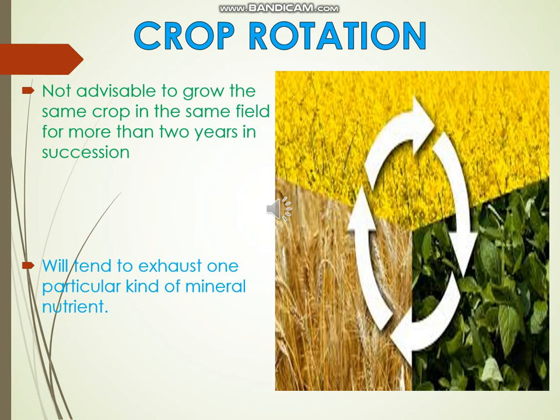Legumes such as peas, beans, clover, vetches, and many other plants add nitrates to the soil by converting free nitrogen in the air into nitrogenous nodules on their roots. If they are included in the crop rotation, nitrogenous fertilizers can be dispensed with. By rotating different types of crops in successive years, soil fertility can be naturally maintained.